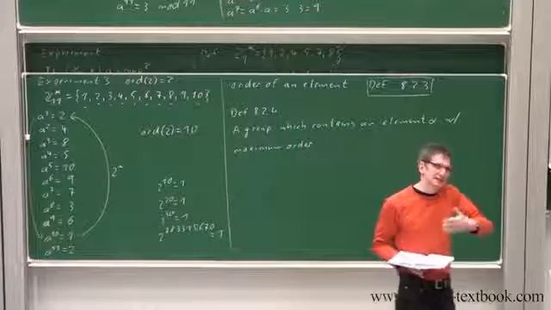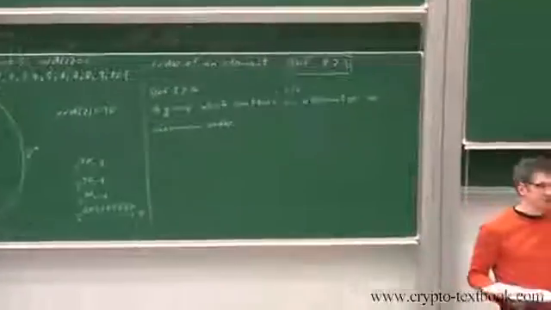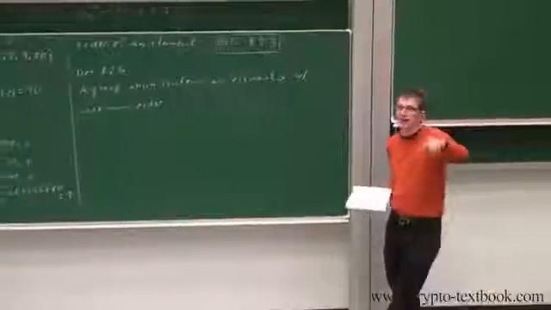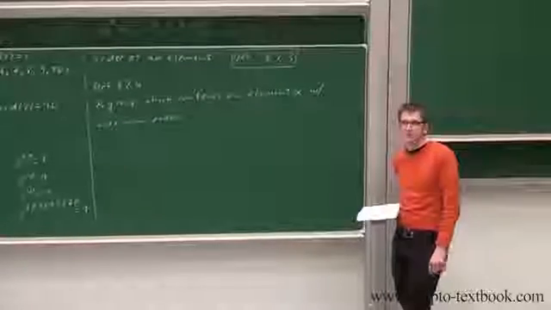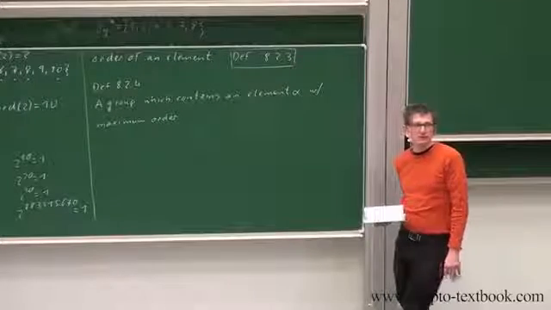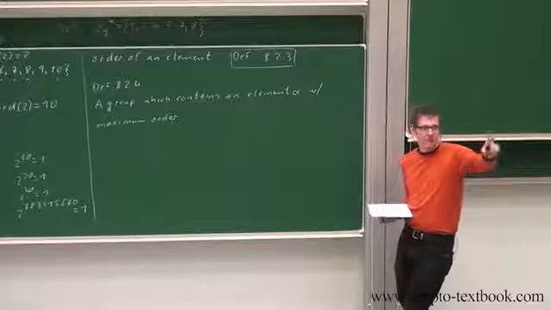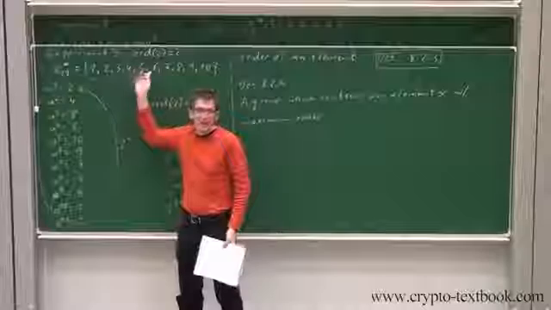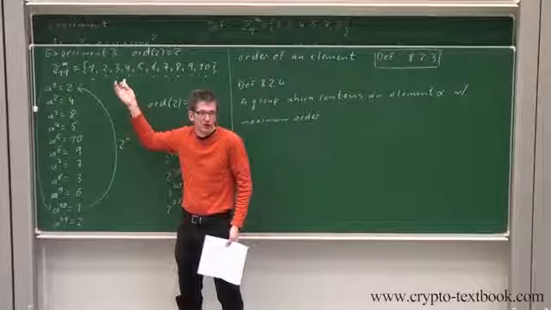And what do you think is the maximum order? If you have a group, the cycling, what is the maximum length that you can get in a given group G? Yeah, p minus 1, exactly, which is always the number of elements here. You can't have more, otherwise you would repeat earlier, right?